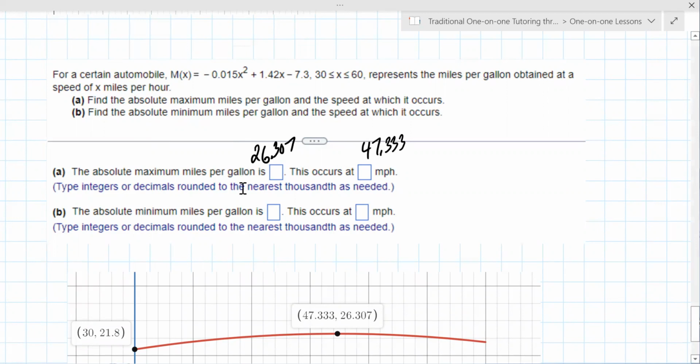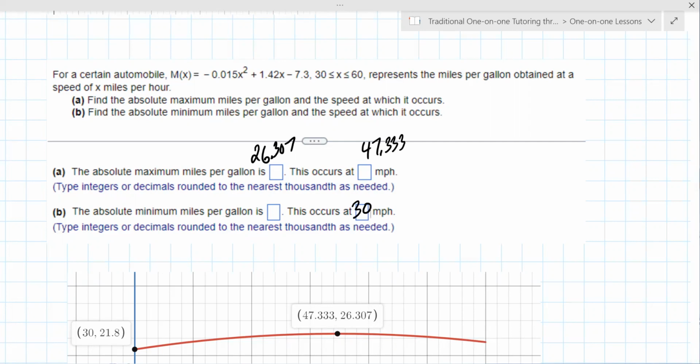And then the minimum. The minimum is either at one endpoint or the other. And you can see the one on the right is slightly higher than the one on the left. Okay. And then I guess I should just double check it. It does occur at 30 miles per hour. The question is whether it's really that nice of a number. I guess it is.